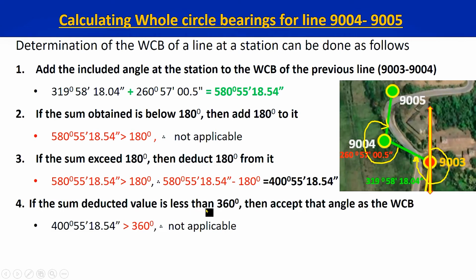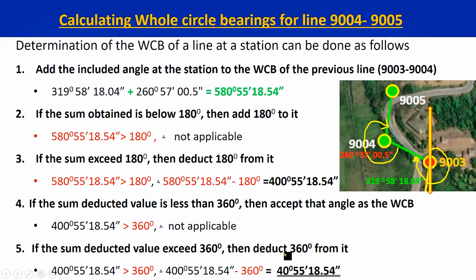If the deducted value is less than 360, then accept that angle as the WCB. But the deducted value is greater than 360, therefore it is not applicable. If the deducted value exceeds 360, then deduct 360 from it.